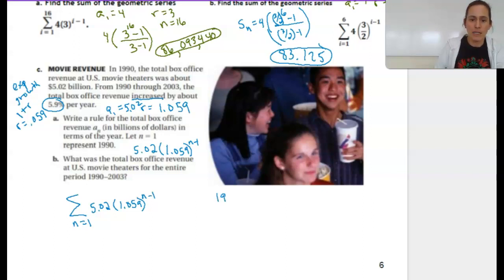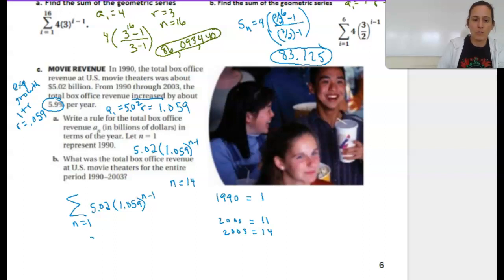In 1990, n equals 1. Then year 2000 would be year 11, because we're going to add 10 more. Then for 2003, we add 3 more to that, and we get 14. So in 2003, n is equal to 14.